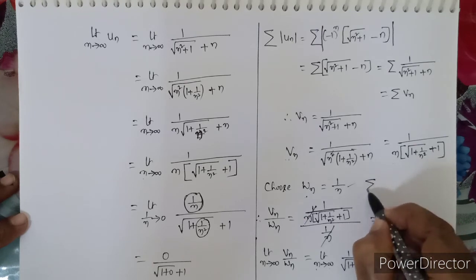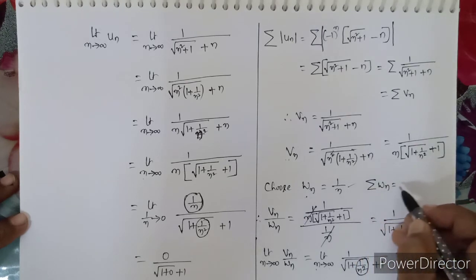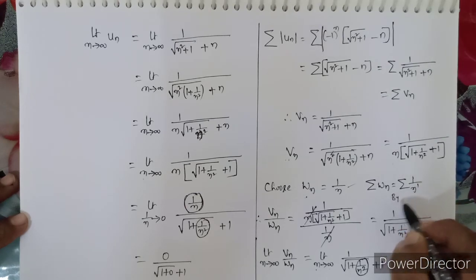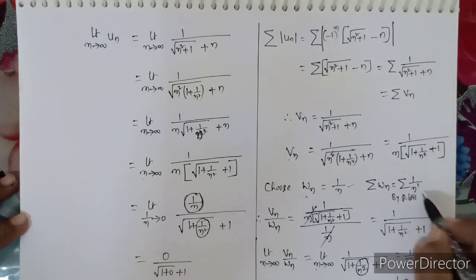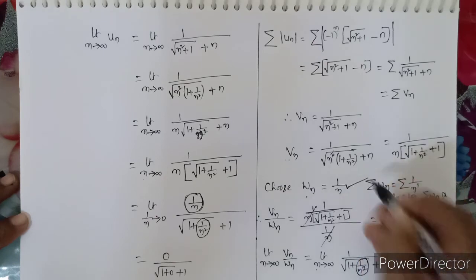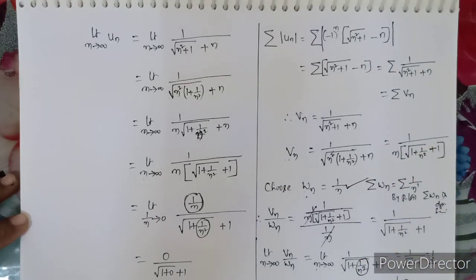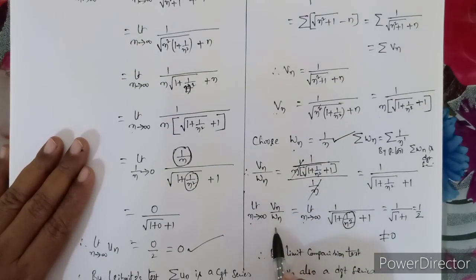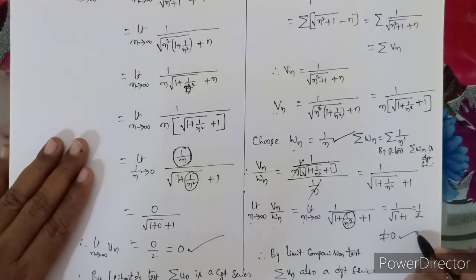first we examine sigma W_n. Sigma W_n is equal to sigma 1 by n, and by p-test this is a divergent series. So since this is a divergent series, by limit comparison test, sigma V_n is also a divergent series, because limit n tends to infinity V_n by W_n gives a finite and non-zero quantity.